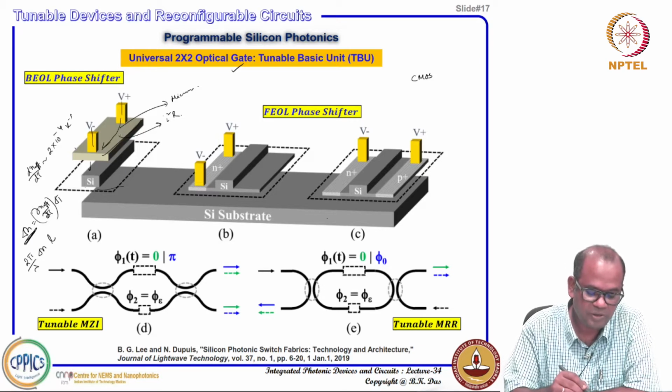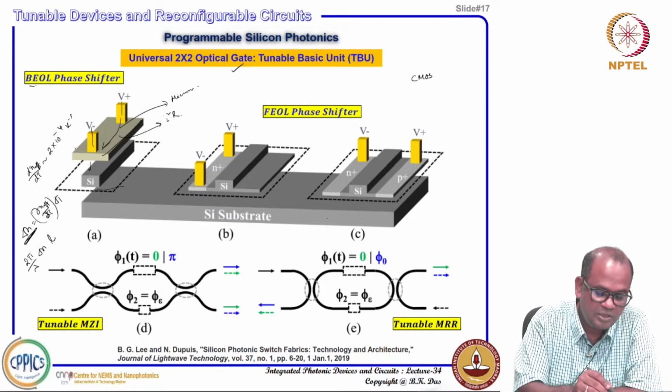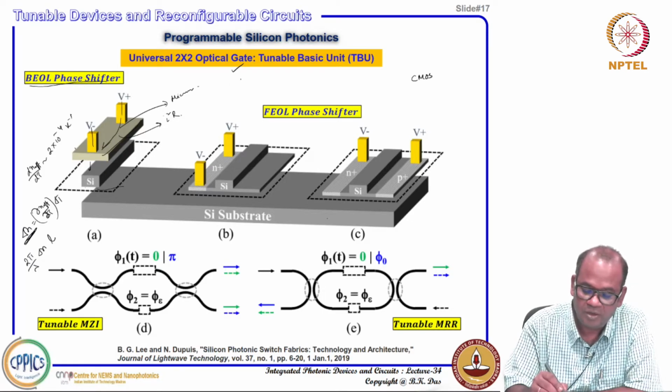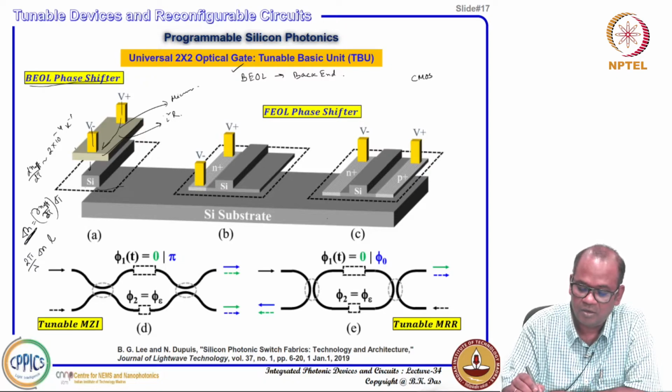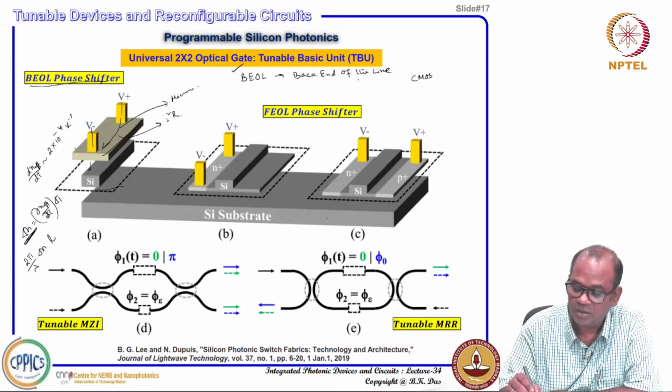But this type of phase shifter is called a BEOL phase shifter. BEOL stands for back end of the line. The back end of the line process is a CMOS process.